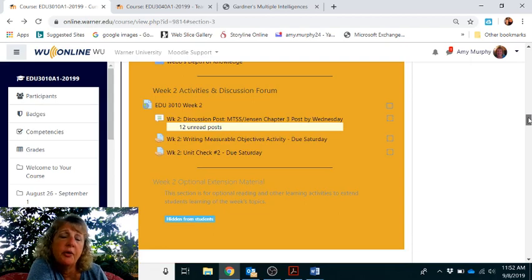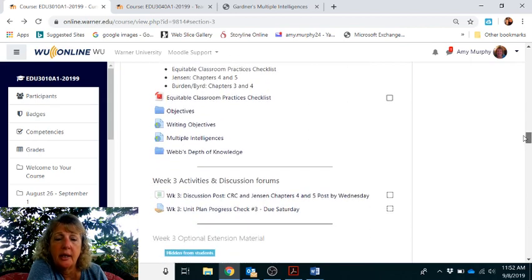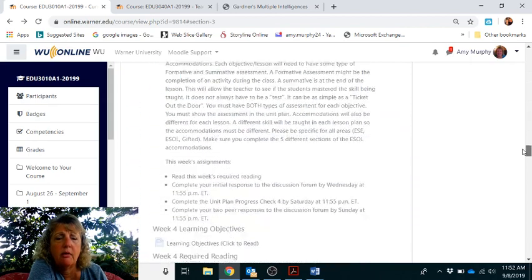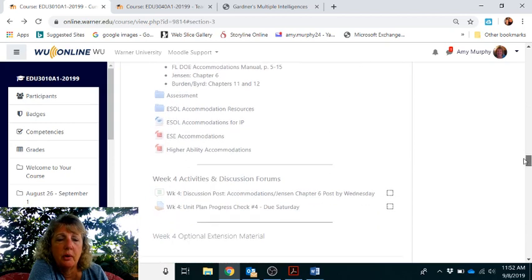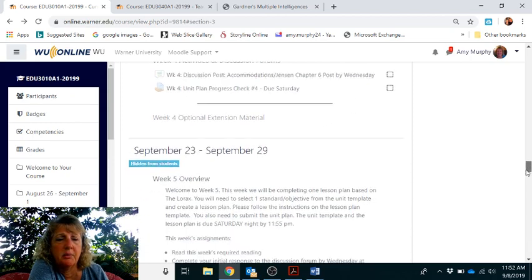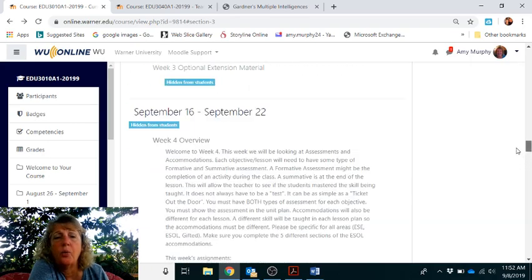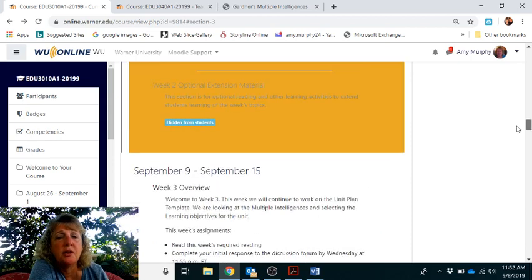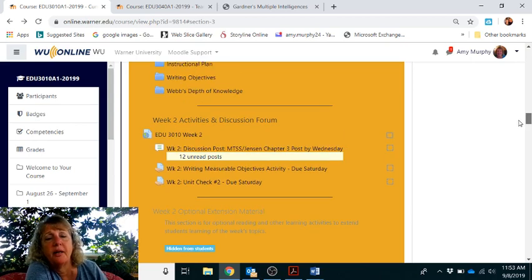And when I do give corrections for the unit plan, please be aware that in week 4, you are going to have to submit the corrected unit plan. Or maybe I put it in week 5. Yes, the completed unit plan. So when there are corrections that need to be made, you still need to make them. And the final completed corrected unit plan will be due in week 5.